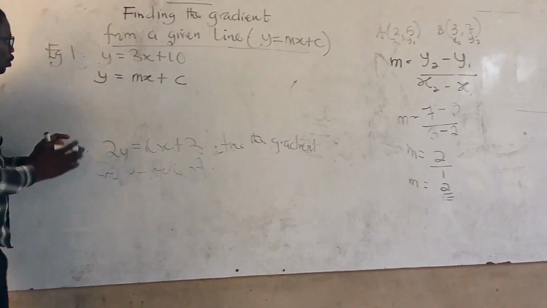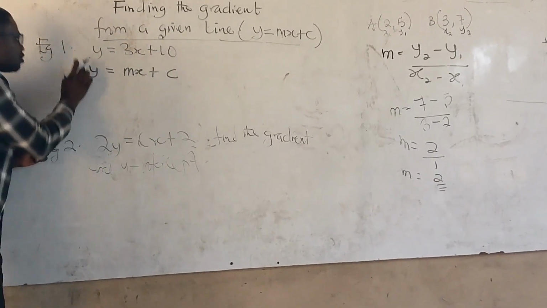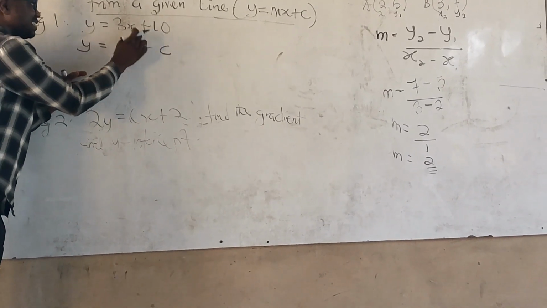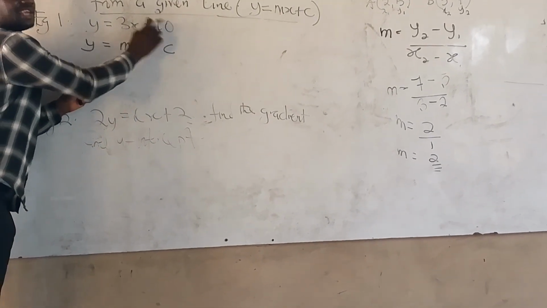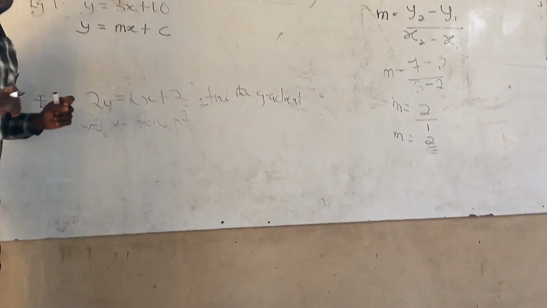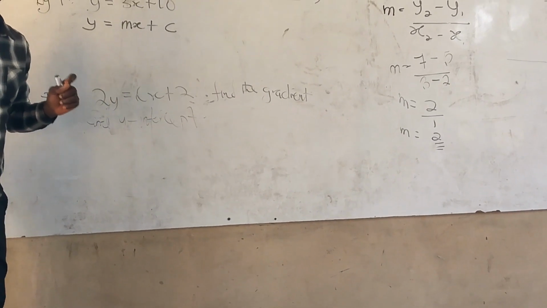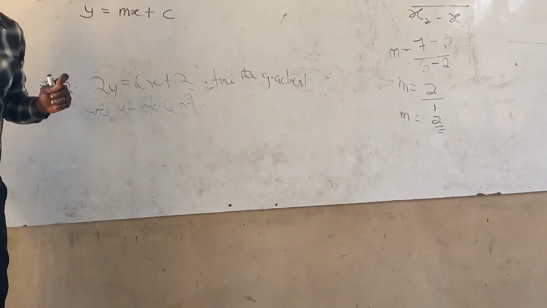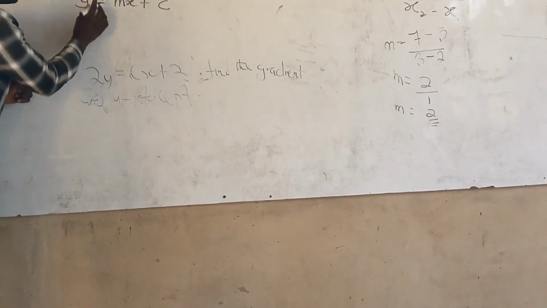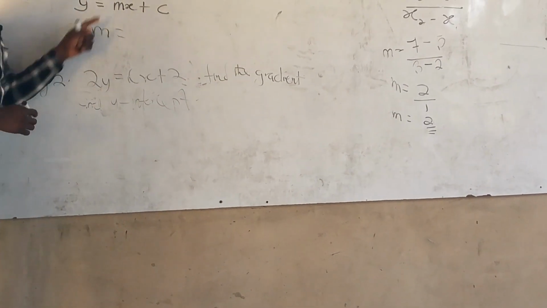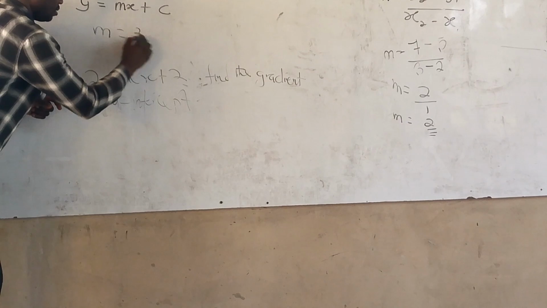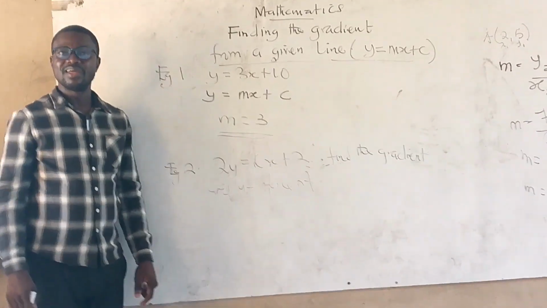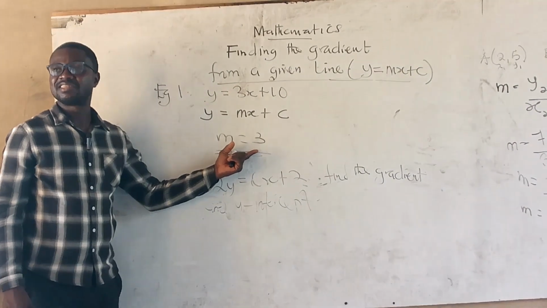So you compare y to y, m to what? 3. x to x, c to what? 10. And we are only looking for m. So here, comparing, what will be m? m is 3. Are you okay? So this is the gradient.